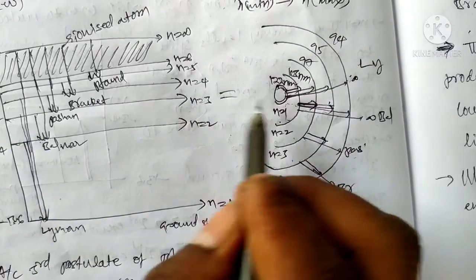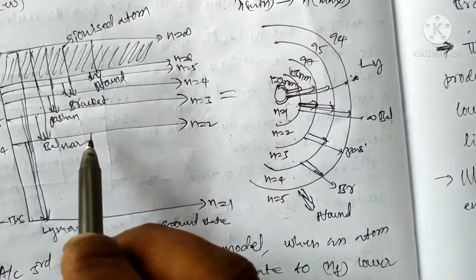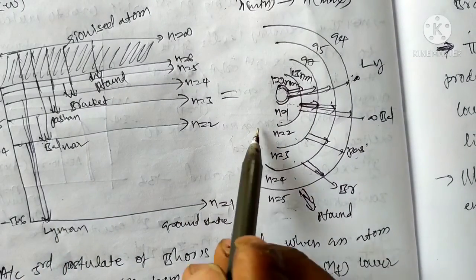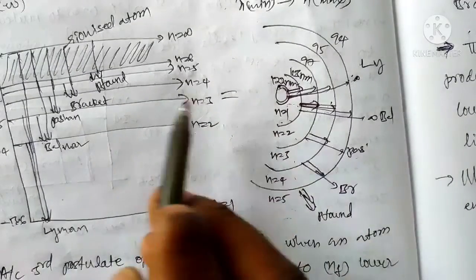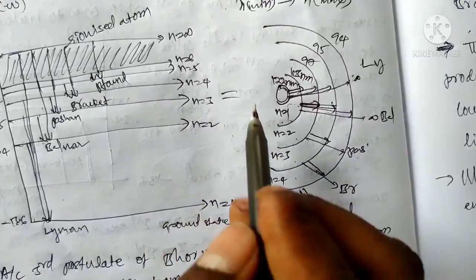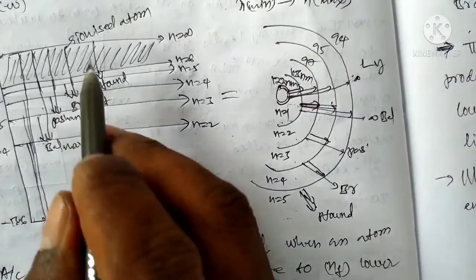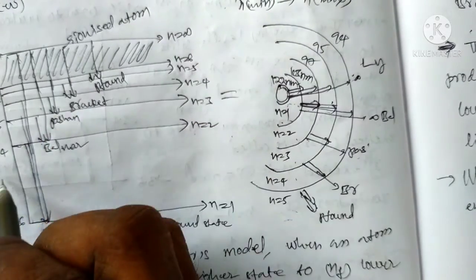These are the orbital transitions. This is the energy: E1, E2, E3, with n1, n2, n3, n4. Similarly, both are the same. These are electron transitions. This is the ionized atom. No transitions occur in this state.